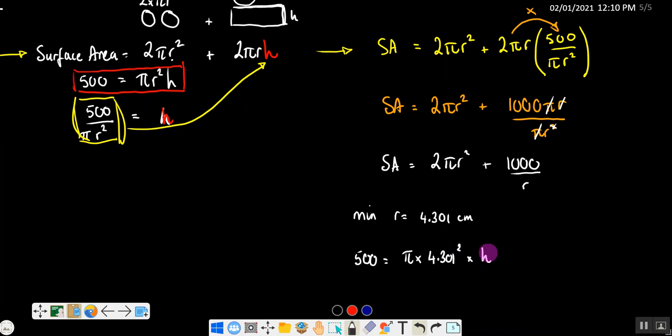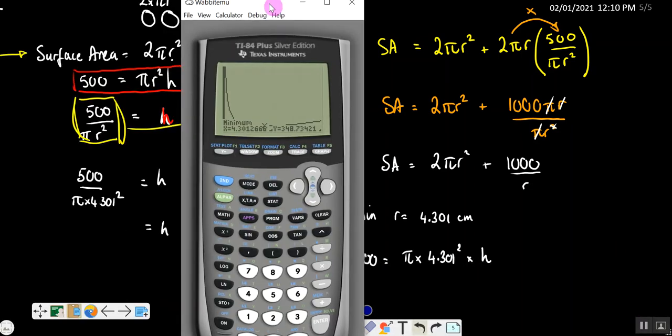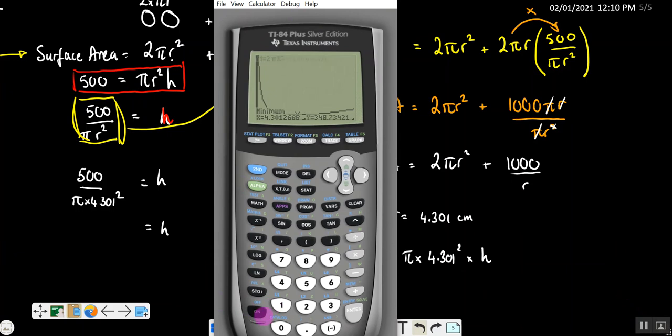Okay. And what do I do now? Well, actually, I had it already rearranged. I could have just checked. It's actually 500 divided by pi times 4.301 squared is equal to h. So h is equal to, you just got to chuck that into your calculator and tell me. So if I were to do it, I'm just going to clear that.